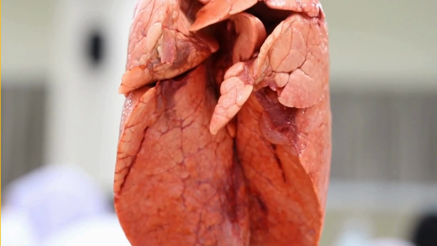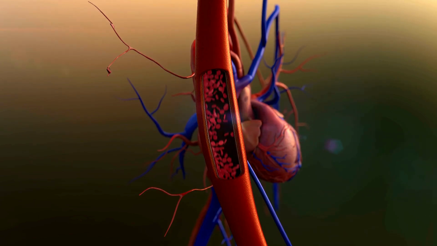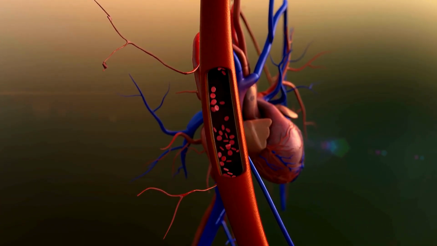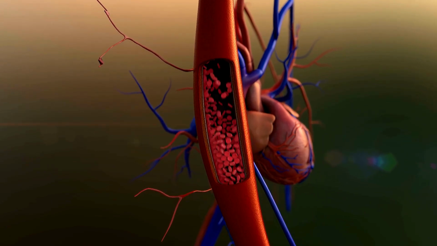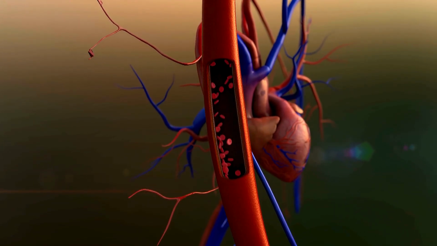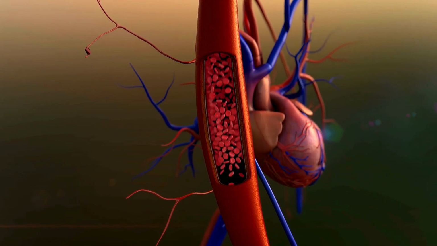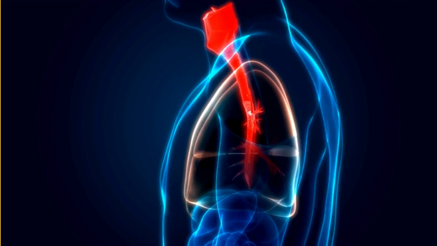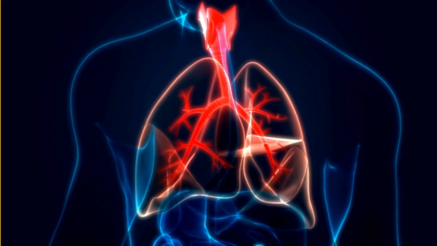So what happens in expiration? Well, in expiration there is relaxation of the external intercostal muscles and the diaphragm, which results in downward and inward movement of the rib cage, and also there is elastic recoil of the lungs.